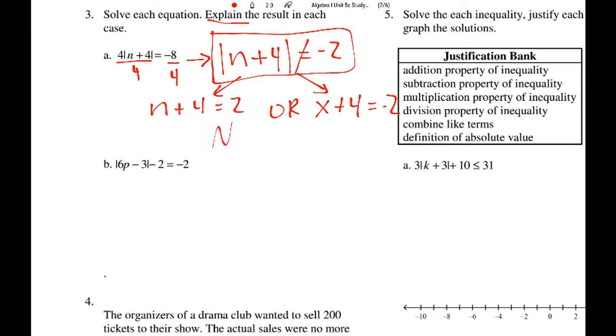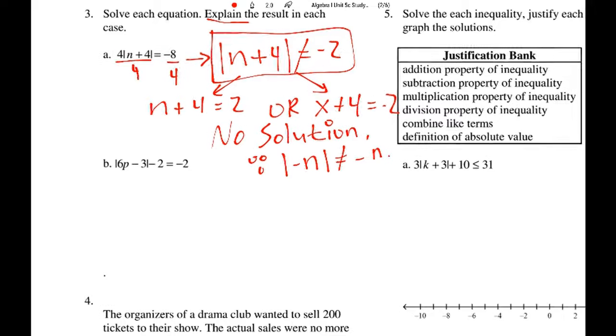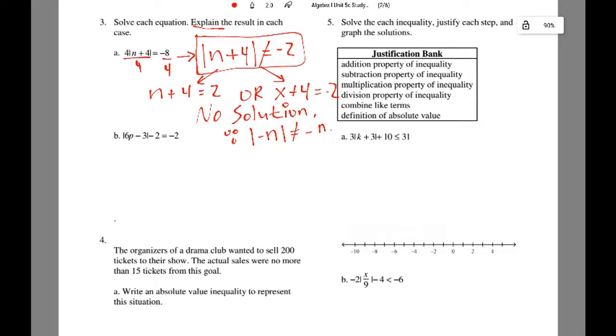So, you can spare yourself the work and simply just state no solution. And that is because an absolute value cannot equal a negative number. And that's the definition of an absolute value.